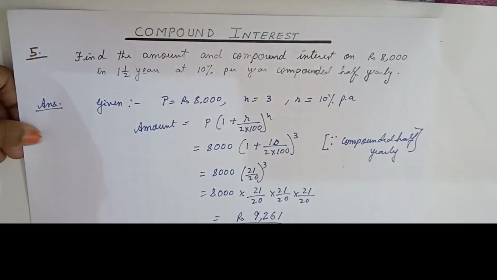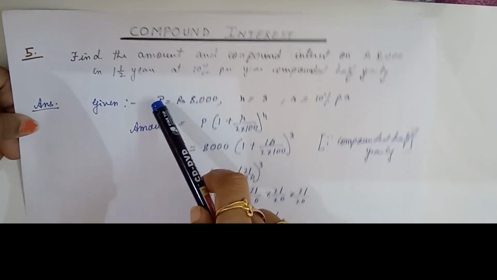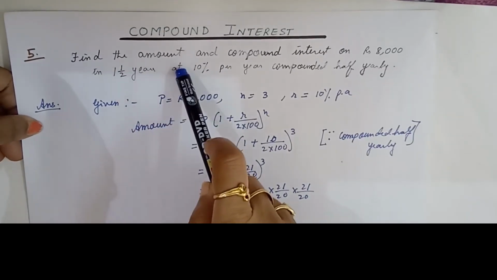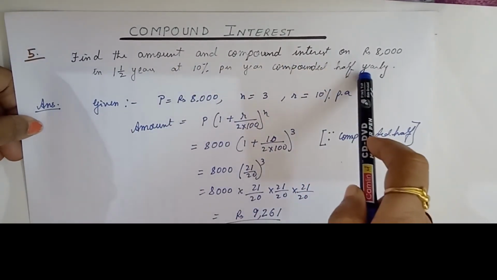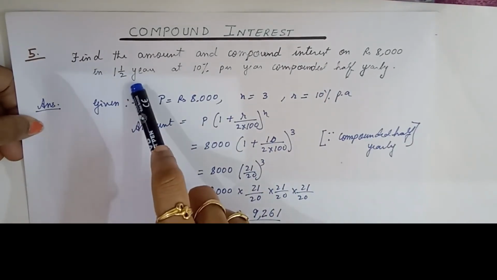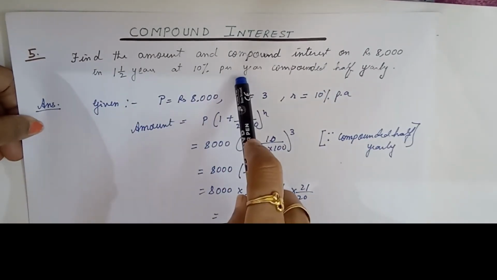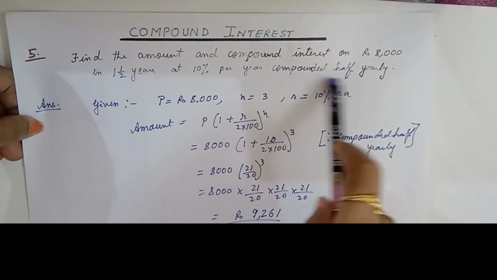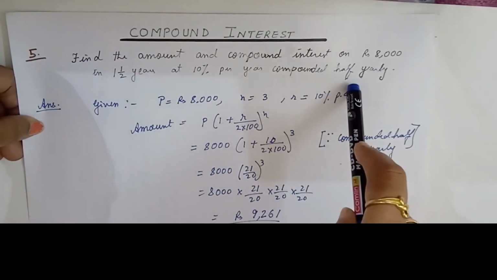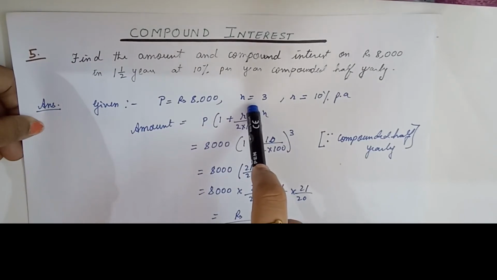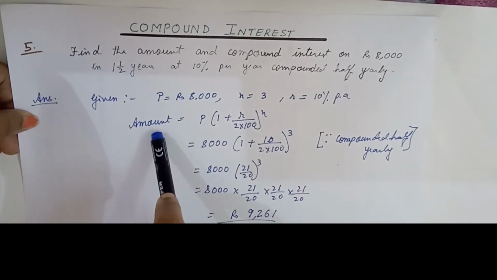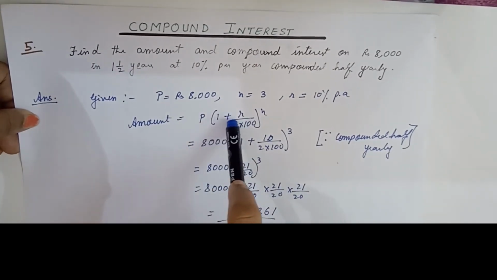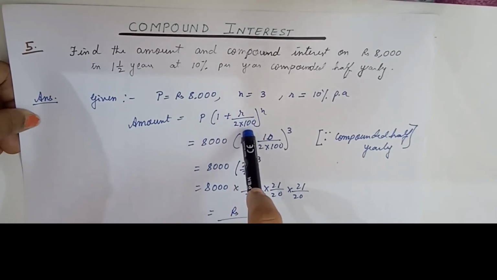Question number 5. Find the amount and the compound interest on rupees 8,000 in 1.5 years at 10% per year rate, compounded half yearly. Now 1.5 years, compounded half yearly, so 3 conversion periods. Formula: amount is P bracket 1 plus R by 2 into 100.